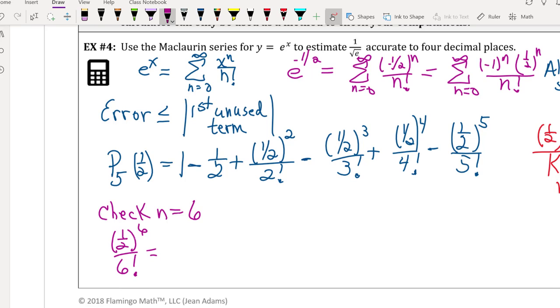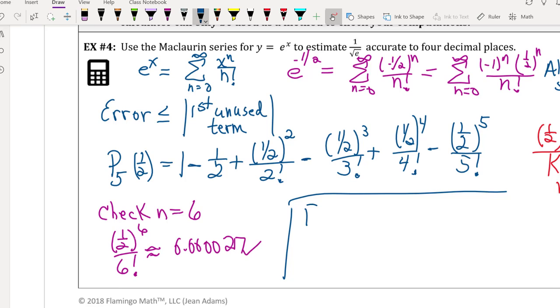If I put that in my calculator, this is approximately equal to 0.0000217, which is very small, which is what we want. So fifth degree works.